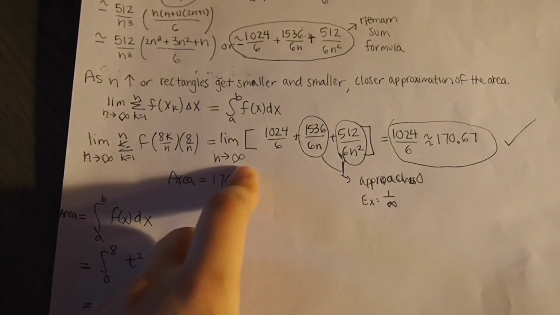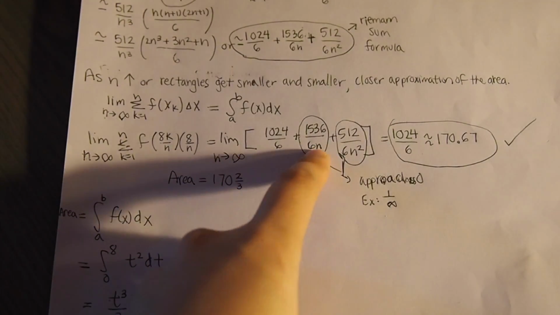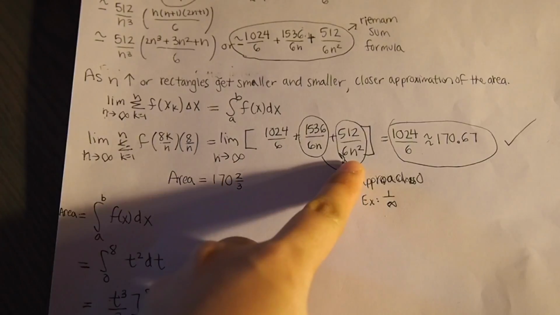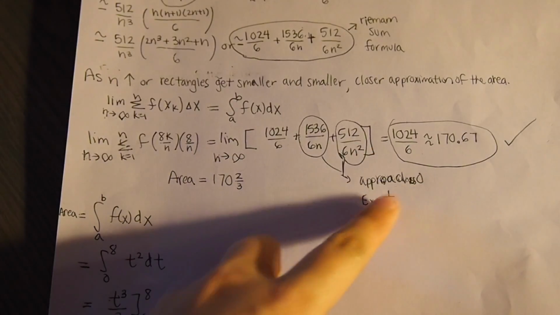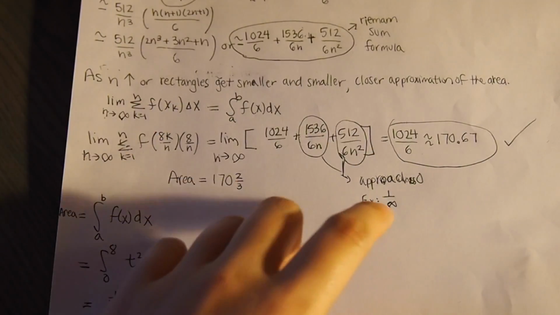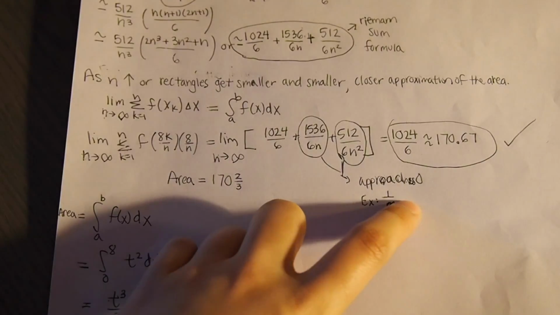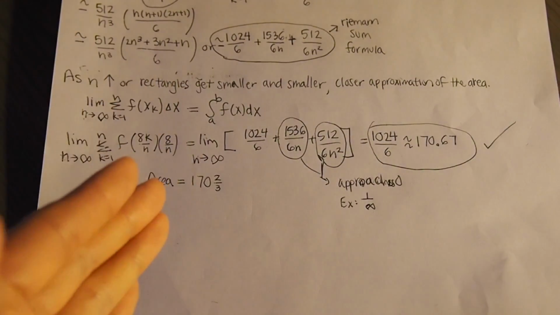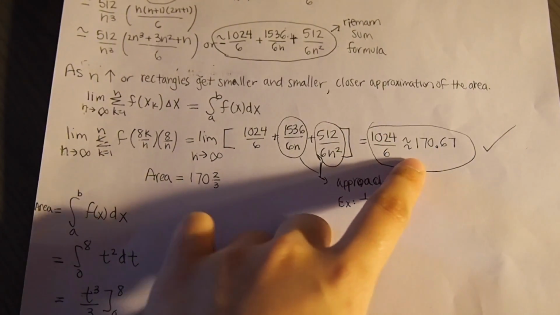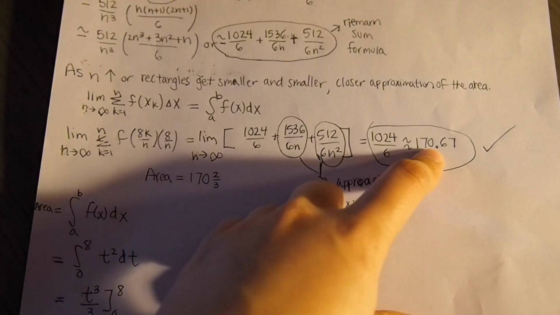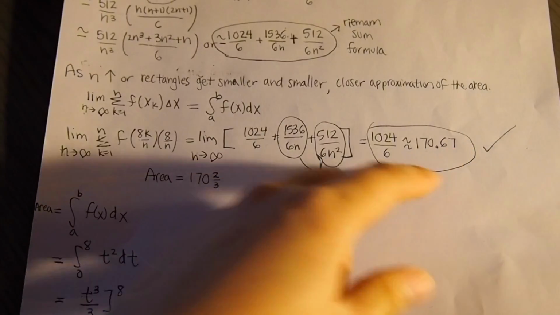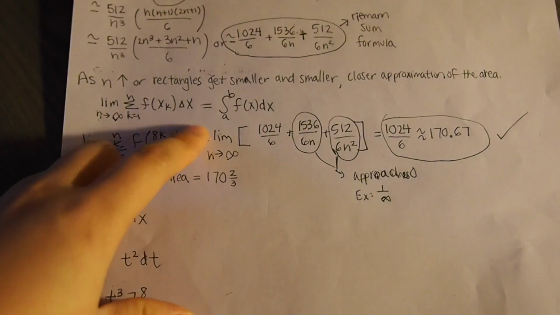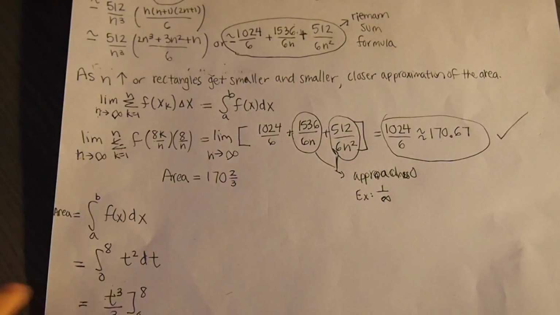If you find the limit as n approaches infinity here and here, these values approach 0. For example, 1 over infinity will be approaching 0. So actually, the area under the curve is going to be about 170.67.